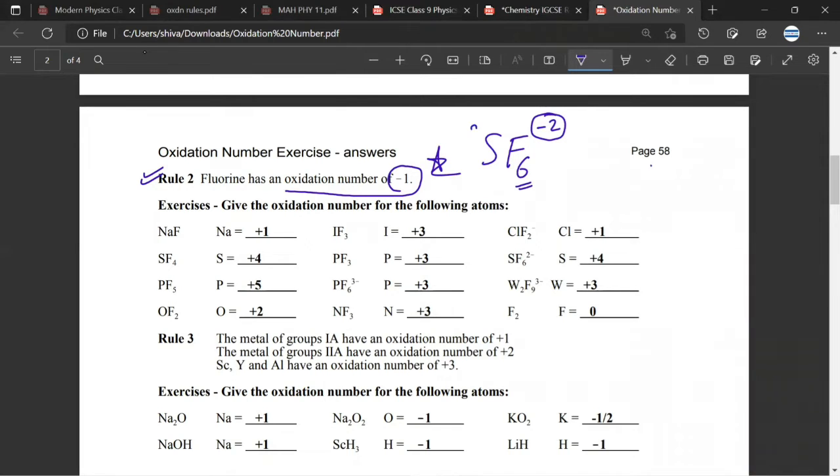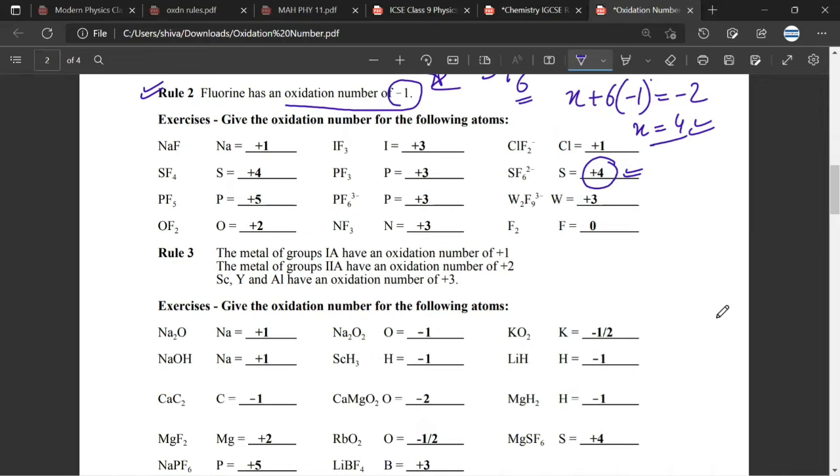So let me assume that the oxidation number of sulfur is X. I will write this as X plus 6 into -1 is equal to -2. Chris, have you understood this? Yes. So X would be equal to 4. Is it okay? Yes, sir. So that is how the oxidation number of sulfur is calculated.